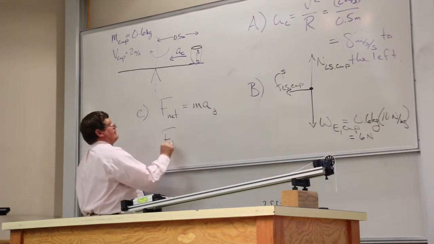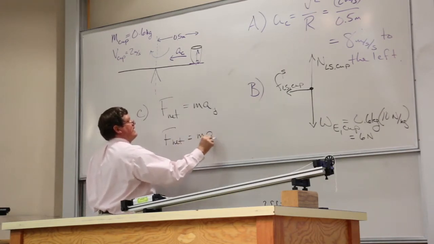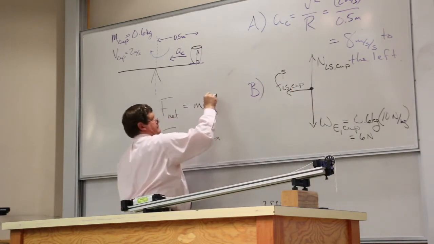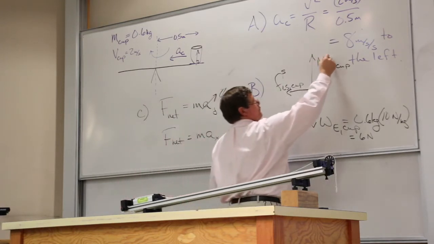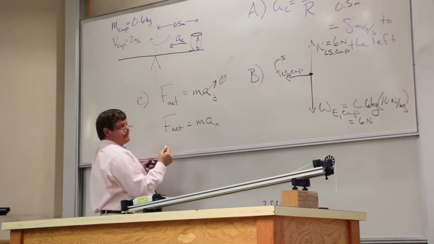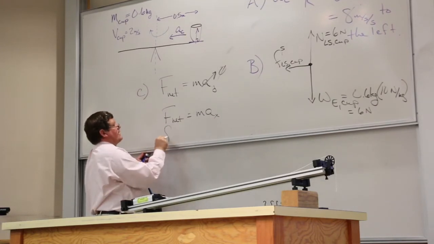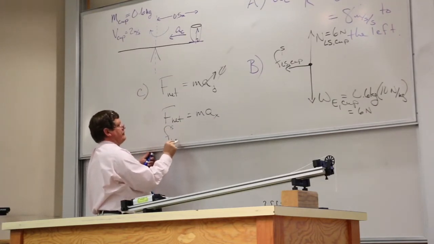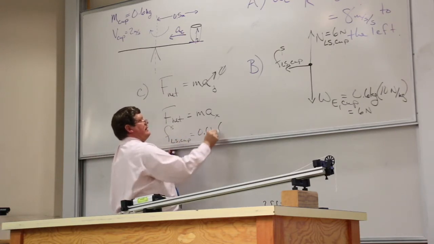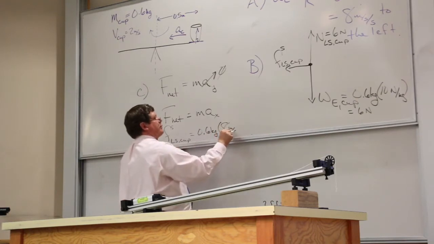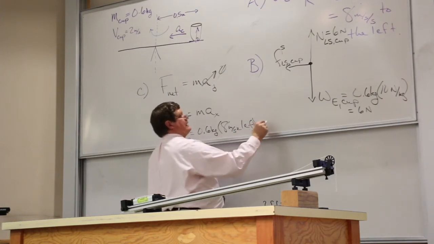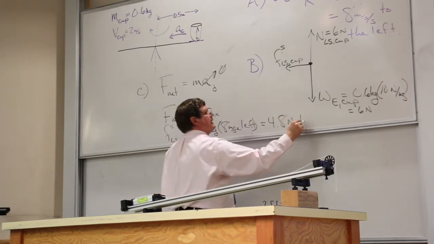Once in the y direction, once in the x direction. In the y direction, there's no acceleration. And so that means that this normal force has to be 6 newtons. In the x direction, my only force is that static friction force, Lazy Susan on the cup. That's got to equal the mass of 0.6 kilograms times the acceleration of 8 meters per second squared left, and that gives me 4.8 newtons left.